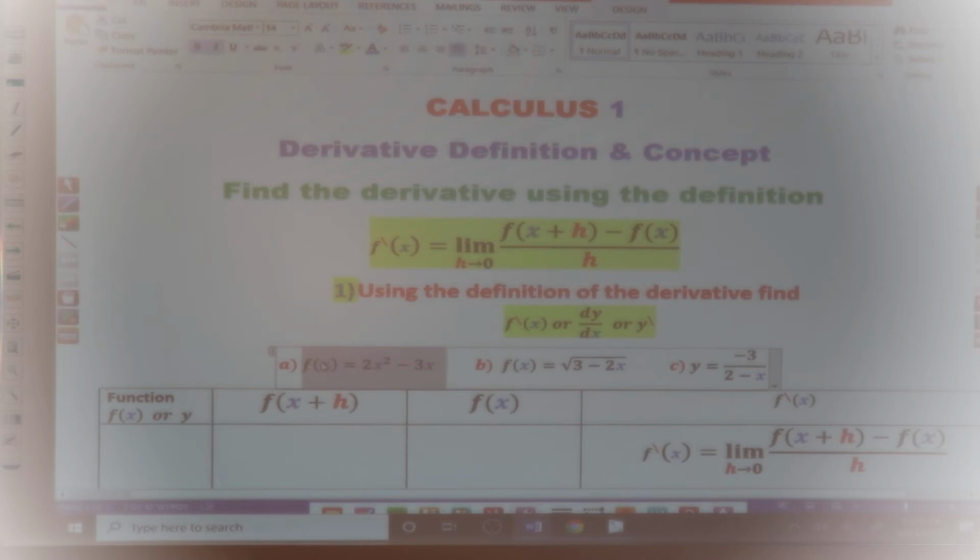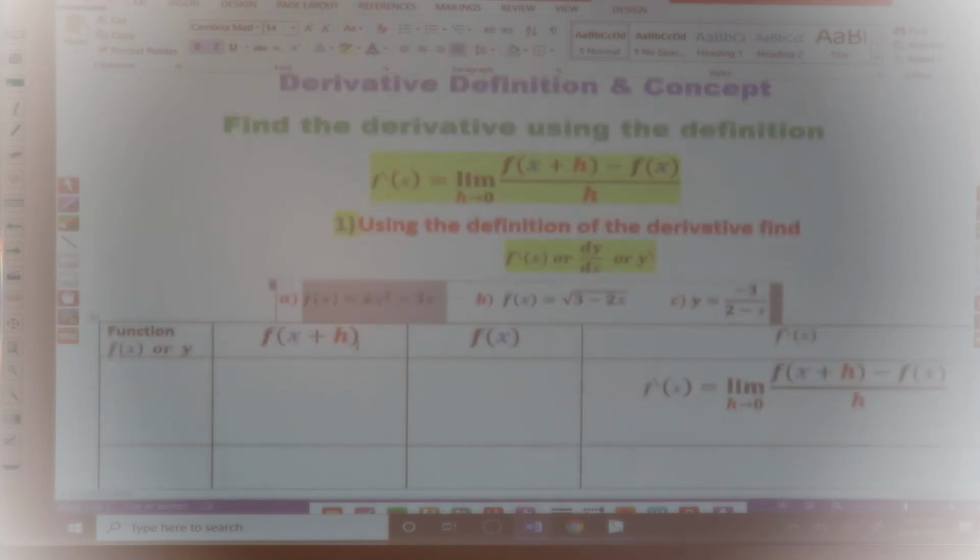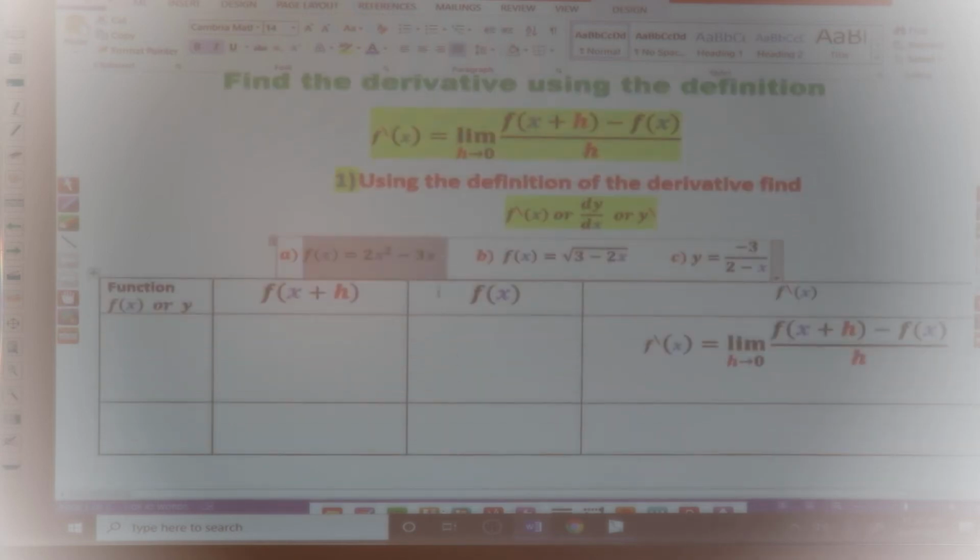A cubic, or third degree polynomial, is hard for the teacher to give you in a test, but I will discuss it in one class because it's going to take time. Look, I made a nice table for you just to understand. Let us take the first function, put it here, and find its derivative.